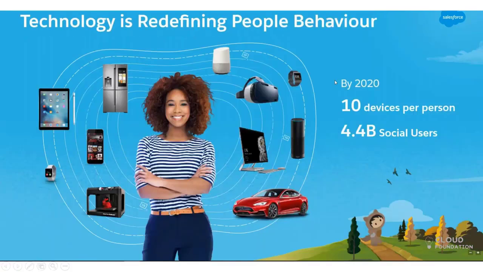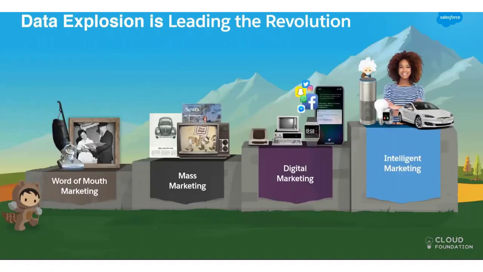Coming to data explosion, way back marketing was word-of-mouth marketing, and then we switched to mass marketing with television, newspapers, and so on. Then came digital marketing, and the current one is intelligent marketing, that is, artificial intelligence.